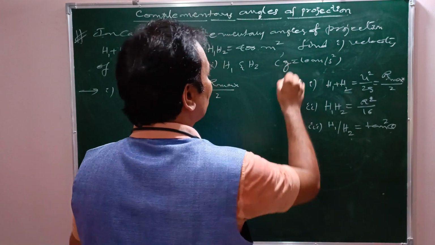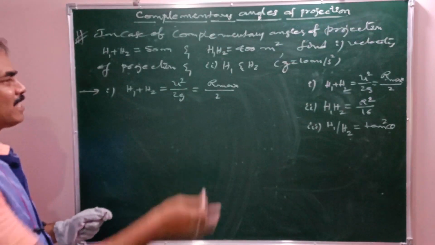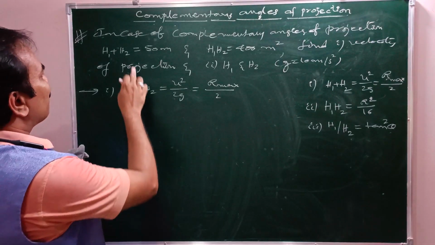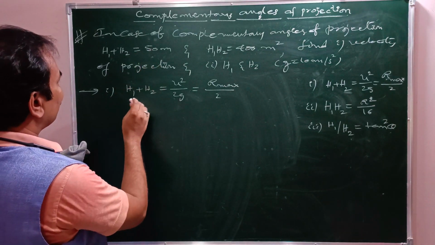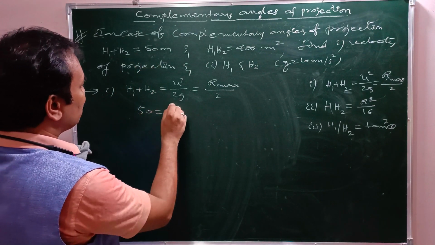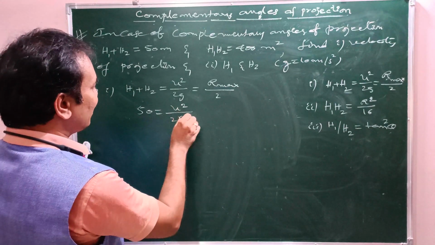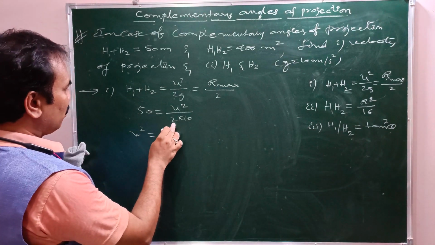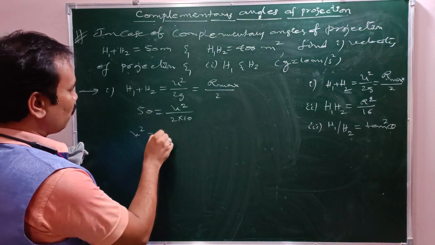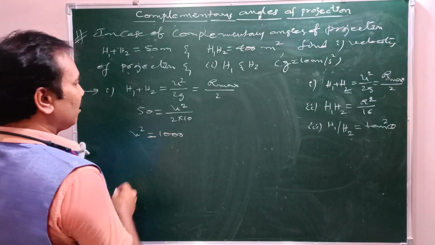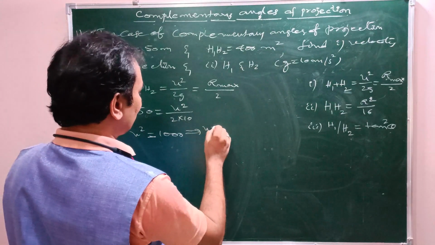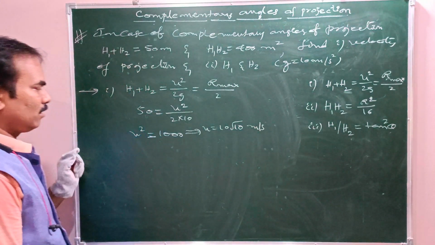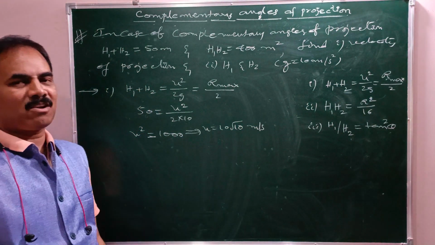If it is 9.8, you can take 9.8 also. Now sum of the maximum heights, that is 50 equal to u square by 2 into 10. That is u square equal to 100 into 10, 1000. Implies u means 10 root 10 meter per second.